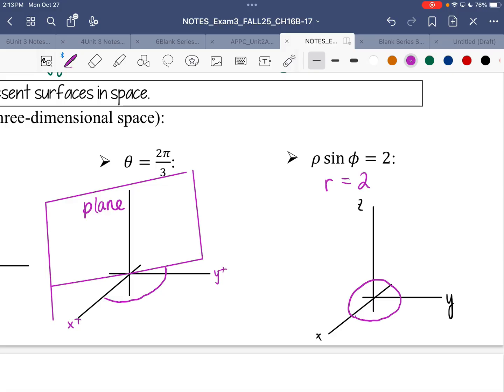Everywhere where the radius is 2 is making a circle just on the xy plane. We don't know what z is, so we're assuming it also could be a circle up and down. What shape am I trying to draw, but kind of failing to draw? Cylinder.